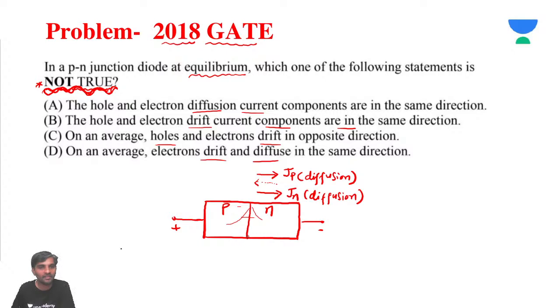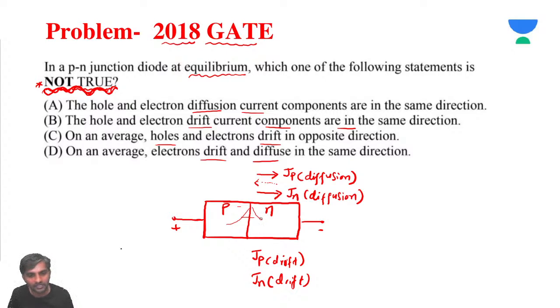We have studied that for a PN junction at equilibrium, the diffusion should be opposite to the drift. For the drift current, we need to find out the directions of Jp drift and Jn drift.